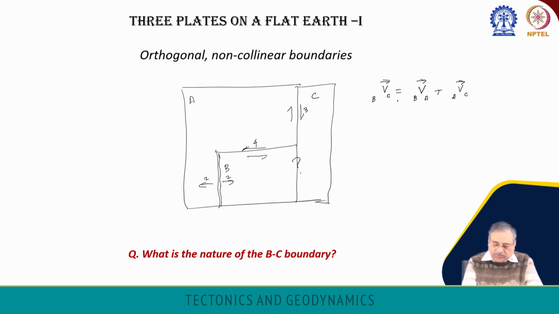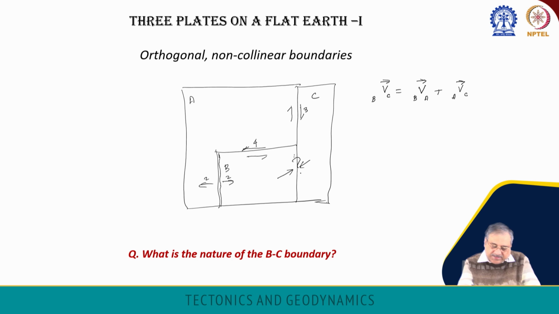Now, as we saw, the relative velocity vector that we had told us that it was a vector like this, right, which meant that the boundary between B and C had to be convergent, but this convergent boundary had to have an element of strike slip faulting.